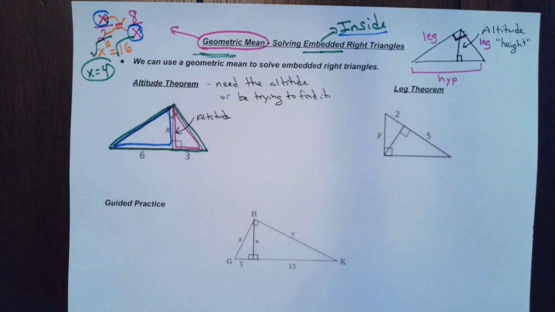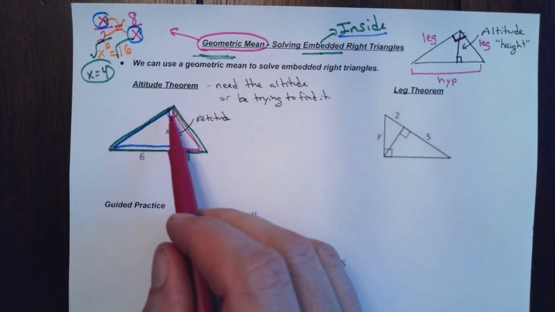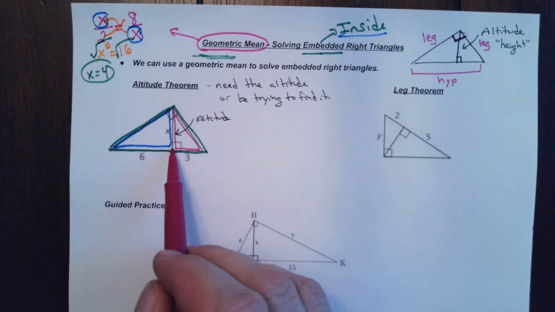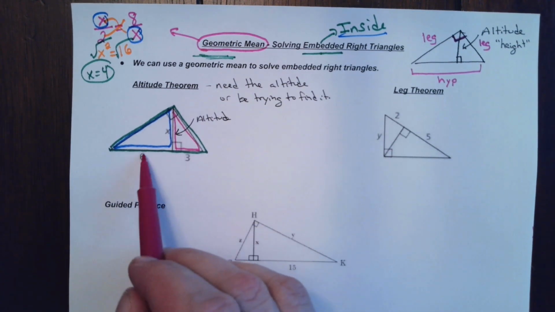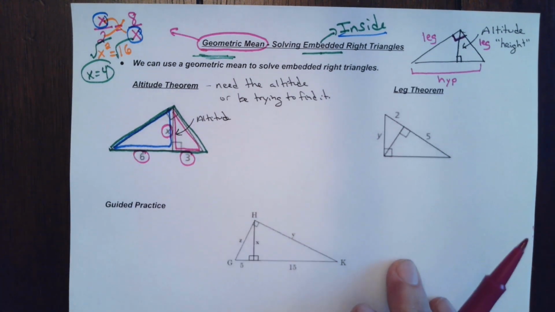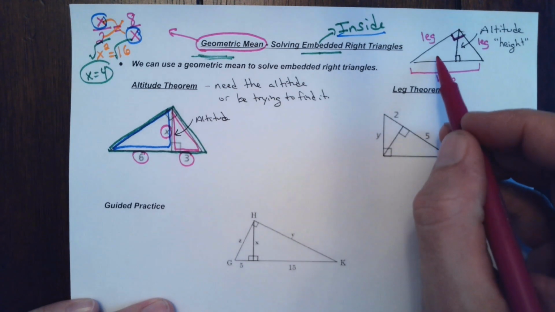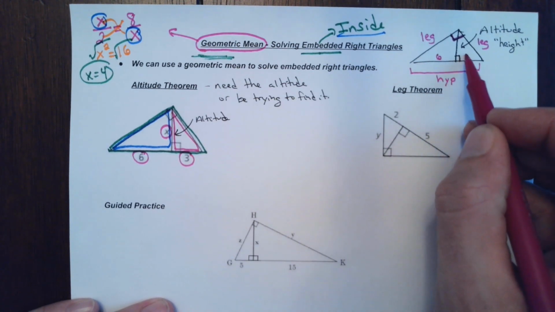So the altitude theorem. When we have the altitude, notice that once you create this altitude, we now have these two parts down here. We have a 6 over here, and a 3, and then we have the X. That 6 and the 3, think about it up here, this is your 6, and this is your 3.